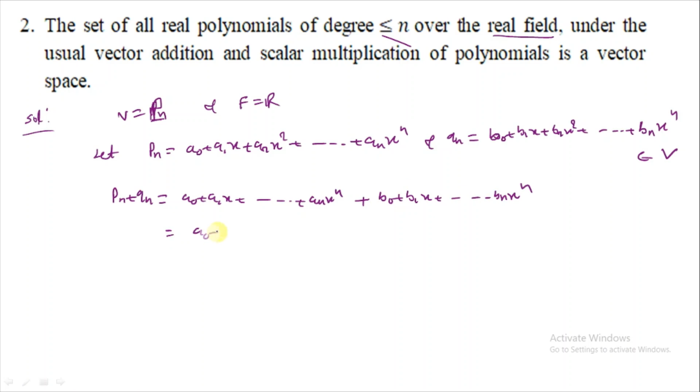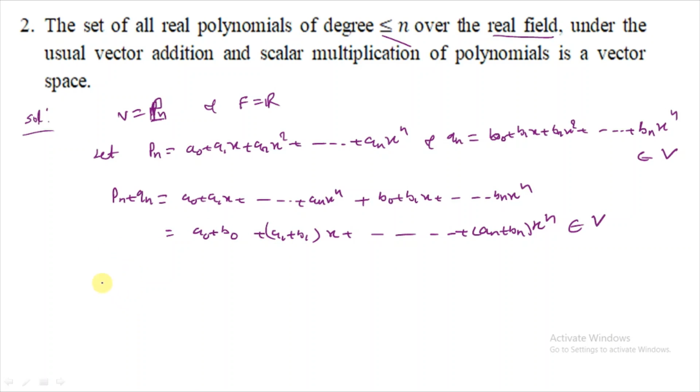This is a0 plus b0, plus a1 plus b1 times x, and so on, plus an plus bn times x power n. It is again a polynomial. The coefficients a0, b0 are real numbers, so a0 plus b0 is again a real number, and likewise a1, b1. It belongs to the vector space, which means addition is closed.